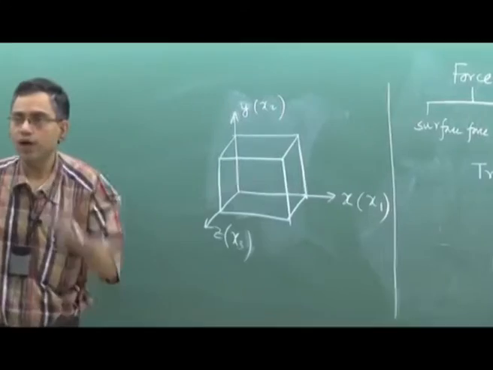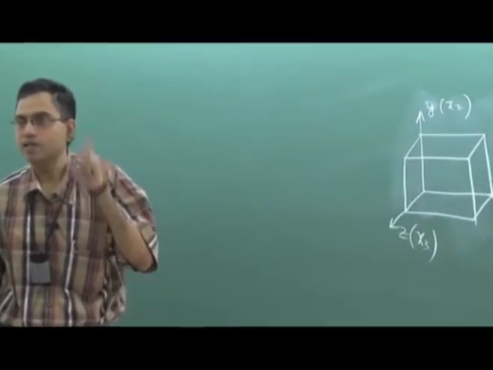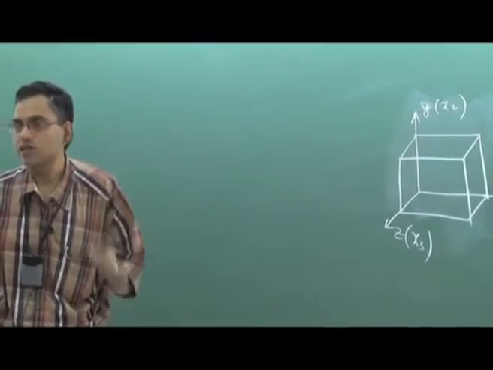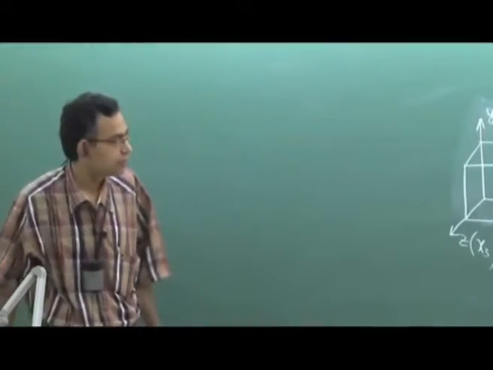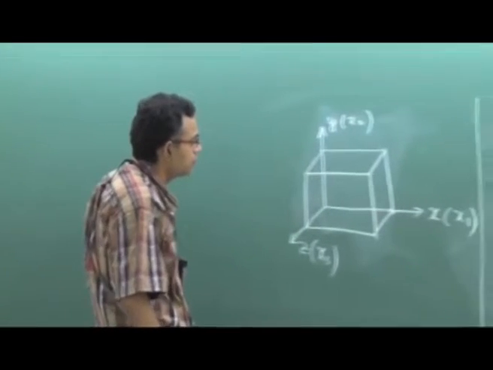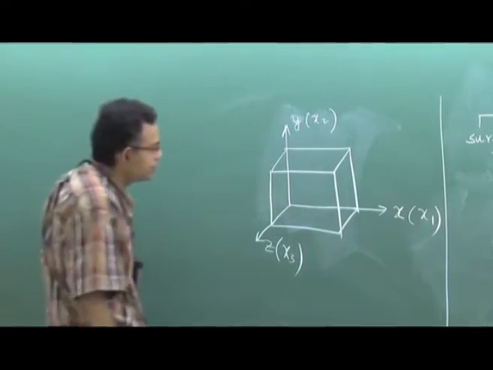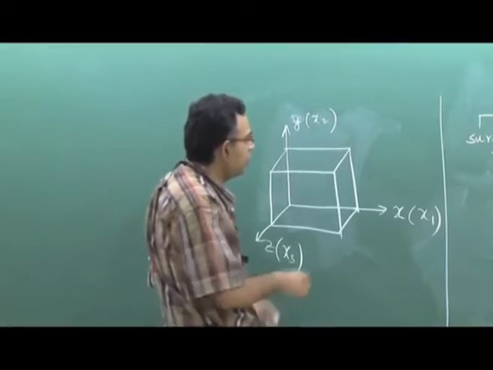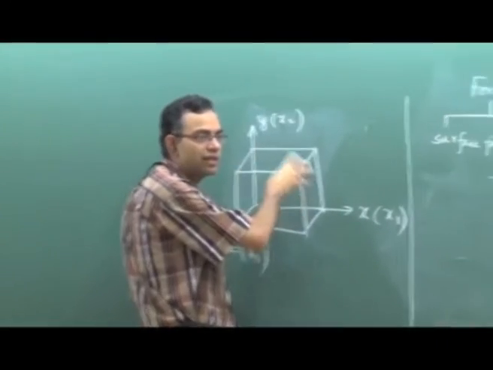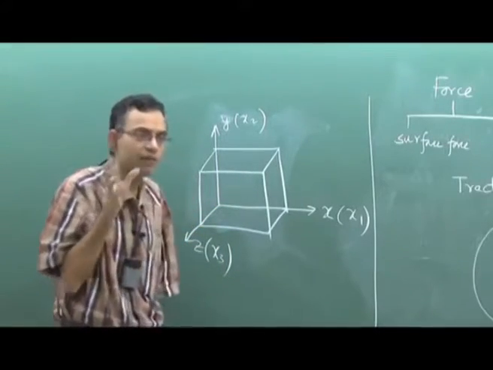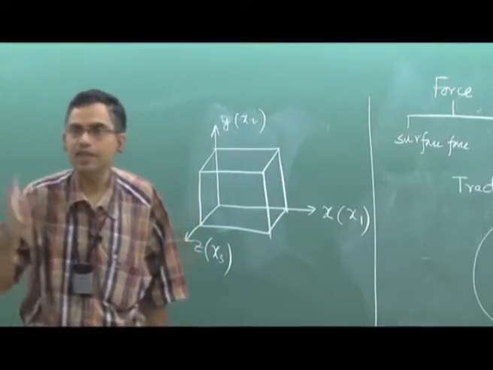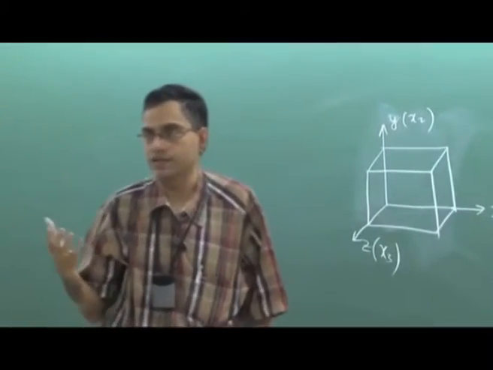So we will use one index i, xi, where i equal to 1 means x axis, i equal to 2 means y axis, i equal to 3 means z axis. Now how many surfaces does this volume have? This has 6 surfaces. The speciality of these 6 surfaces is that their normals are either along x or along y or along z.